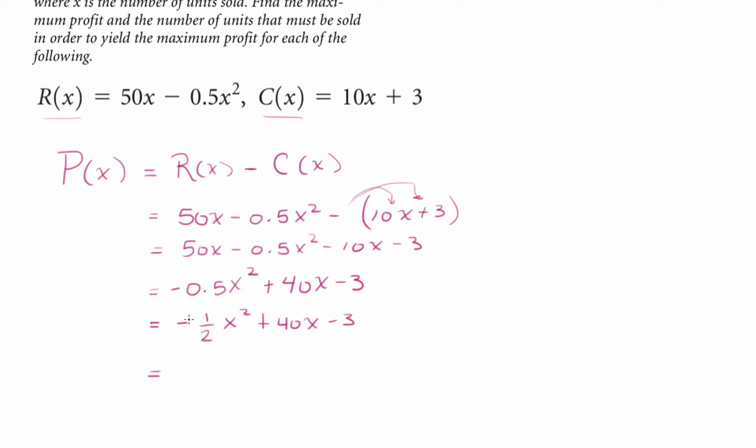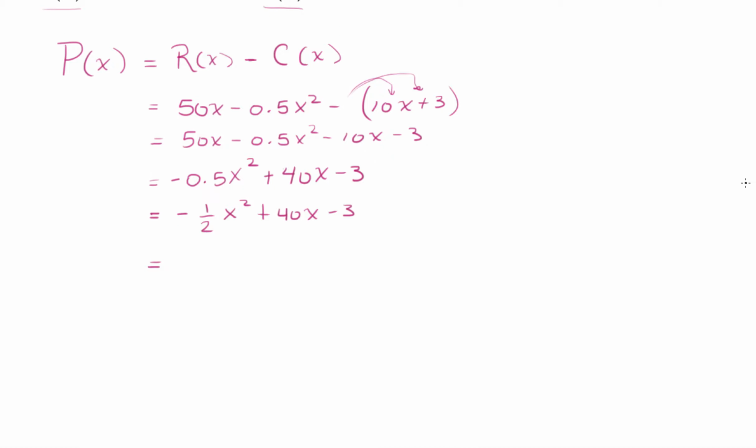First, we factor negative 1/2. Now, when you factor a fraction, you're actually multiplying by the reciprocal of that fraction inside. So plus 40 times negative 1/2. So I'm going to write plus 40 times the reciprocal of negative 1/2, which is negative 2 over 1, which is just negative 2. And then the minus 3, you leave it outside.